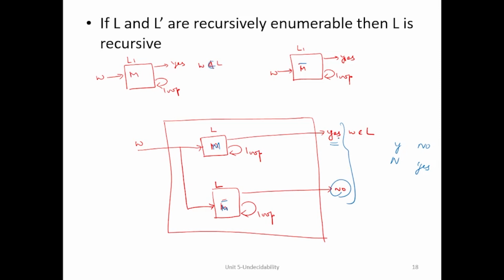If any output is in yes/no format, then that particular language is called a recursive language. So if you consider L and L bar are recursively enumerable, then the language L should be in a recursive format. So these are all the 4 different properties which are relevant to recursive and recursively enumerable languages.